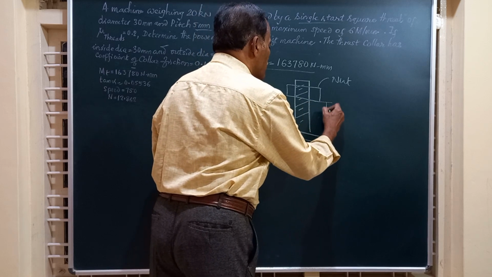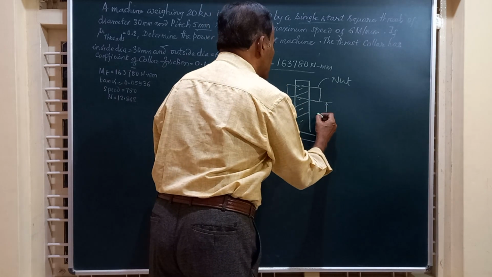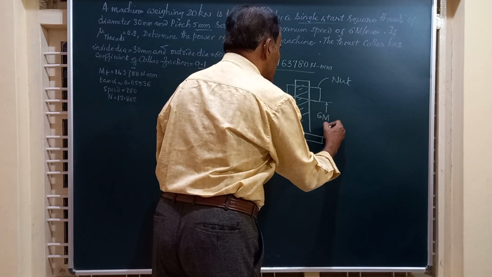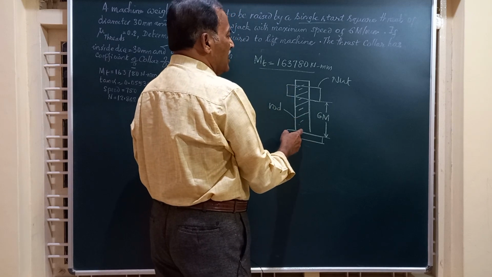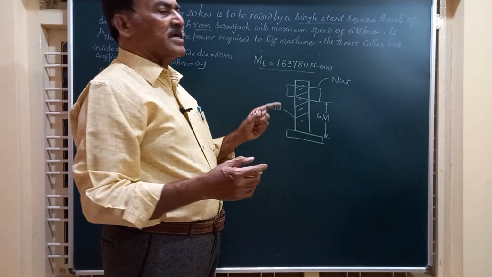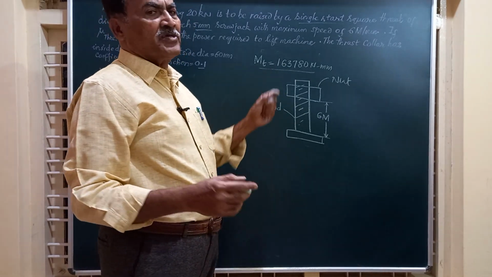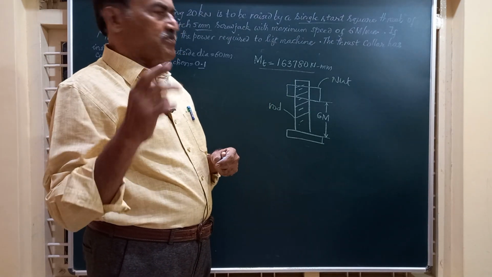So it has to move at a speed of maximum 6 meter per minute. So it has to cover 6 meter from here to here, and we have to find out the speed at which it has to rotate, so that by substituting in the formula we will be able to determine the power required.